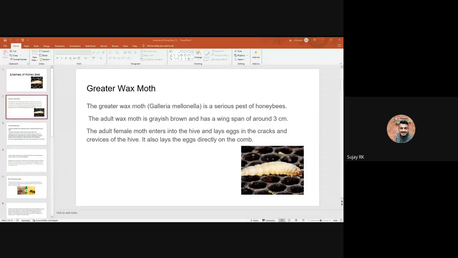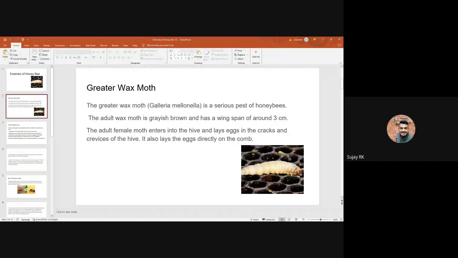So there is no chemical treatment against wax moth. The only thing is that we need to maintain hygiene, and physical cleaning is what is recommended. Otherwise, if it goes to an extreme situation, then we can spray paradichlorobenzene.